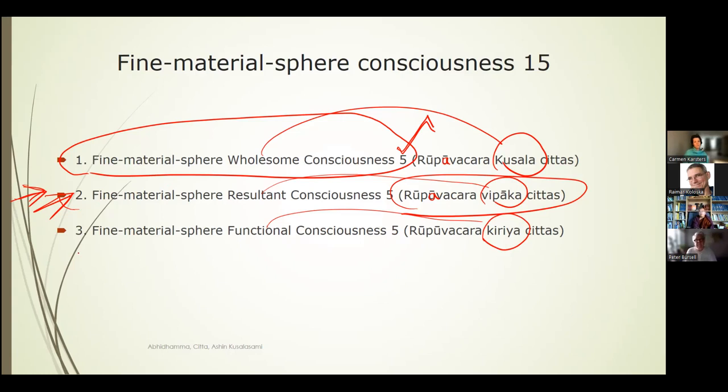After you have attained arahantship, if you contemplate the meditative object and reach one of the jhanas, meditative absorption, it is called functional consciousness, because you have attained arahantship. Then you will not be reborn in the Brahma world or anywhere. So this is just an overview of the 15 five material sphere consciousness: wholesome five, resultant five, functional five.